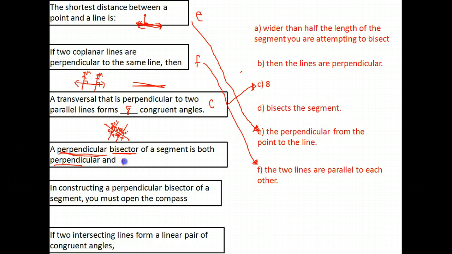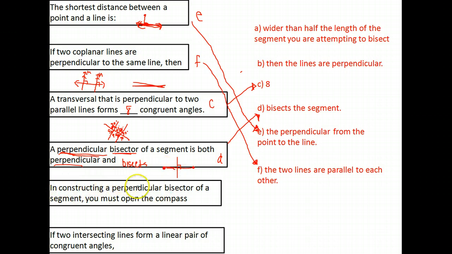It's both perpendicular and it bisects. So it is a, bisects the segment, option D right here. Okay, so in perpendicular bisector, let's say this is my line segment here to here. It has to bisect, meaning go right down the middle, and it has to be perpendicular.